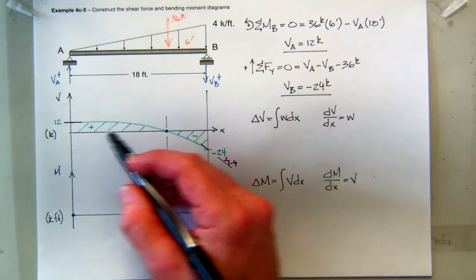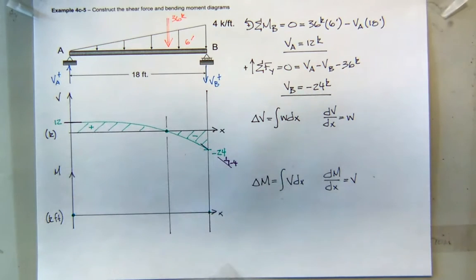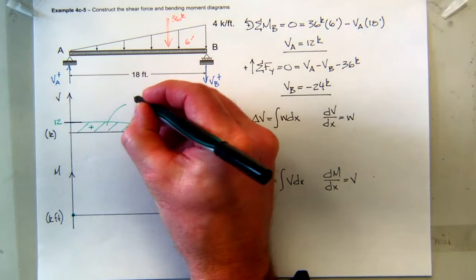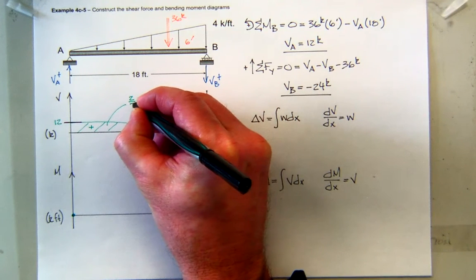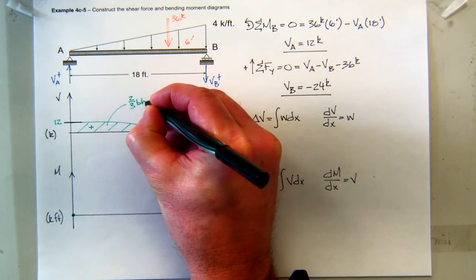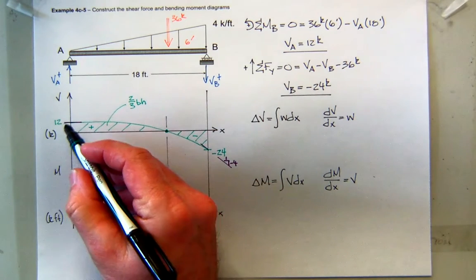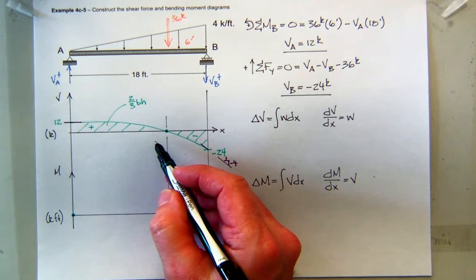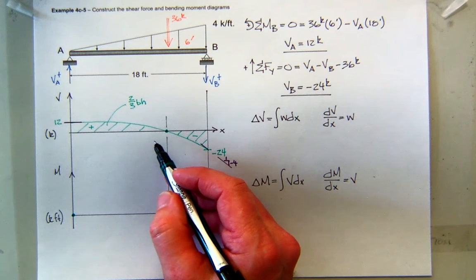So it's a parabola. And since we have a 0 slope, this is a parabolic section. Whether you remember or not, the area of a parabolic section is 2/3 the base times the height. There's the height. Oop, I got to find the base. We'll come back and do that in a second. So I could find that area.